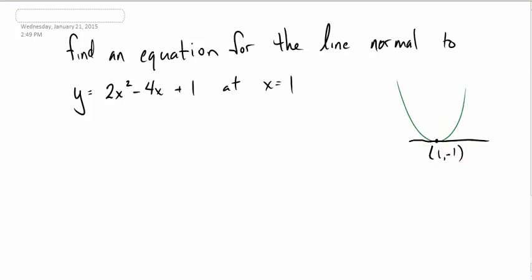The normal line at x equals 1 will be perpendicular to the tangent. And how are slopes of lines and something perpendicular to them related? The slope will be the opposite reciprocal.